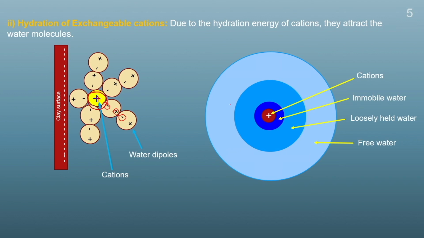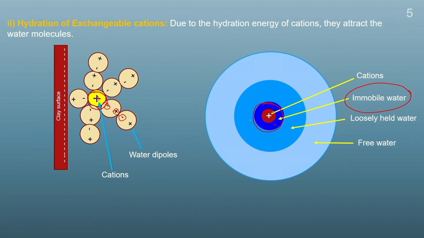If we look at the water molecules over here, if this is an exchangeable cation, then it will first attract a few layers of water molecules, and these water molecules will be attracted very strongly. So, the nature of these water molecules will be immobile, that means they will not be able to move from one position to another.